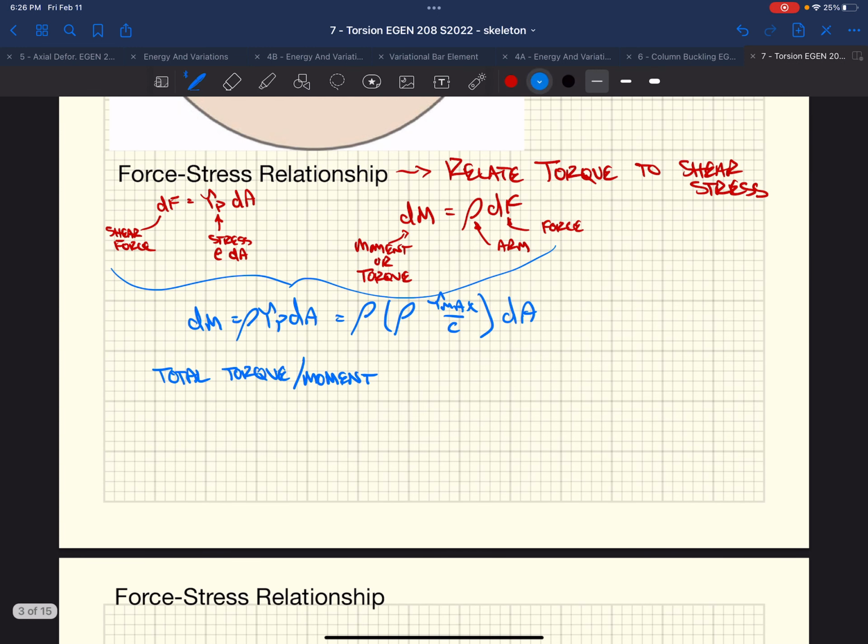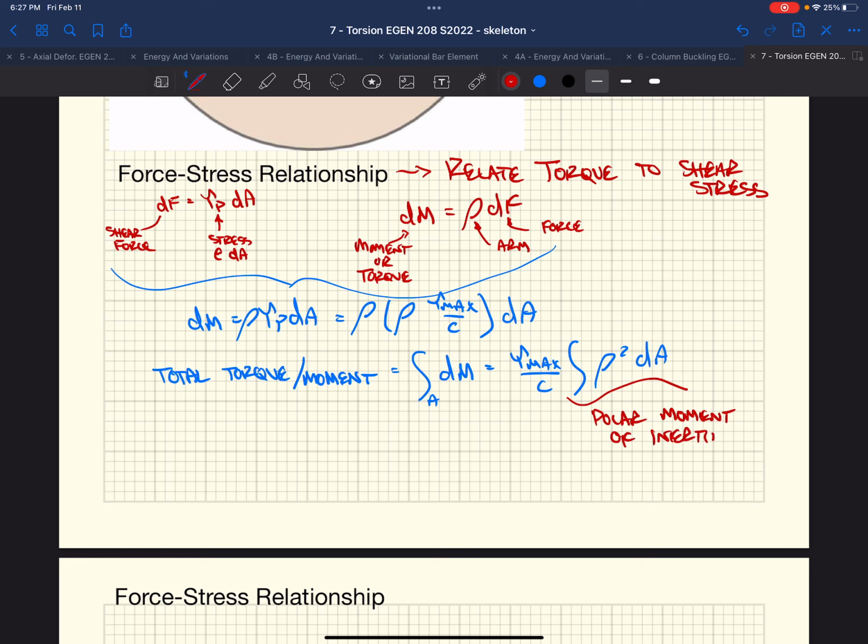And so if we were to integrate, which is essentially just taking the sum over the area of the moment, we would get tau max over c times the integral of rho squared dA, okay? Well, this little term here is what we would call the polar moment of inertia, J.